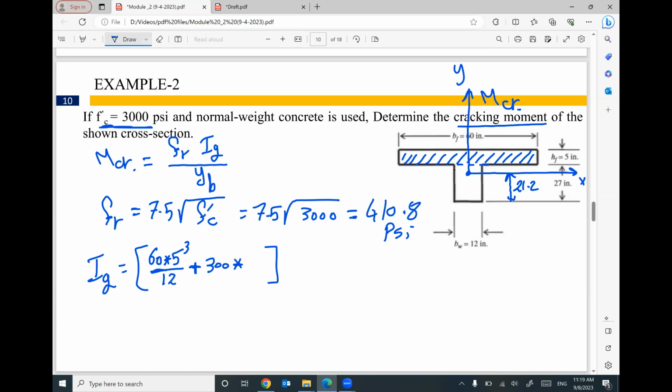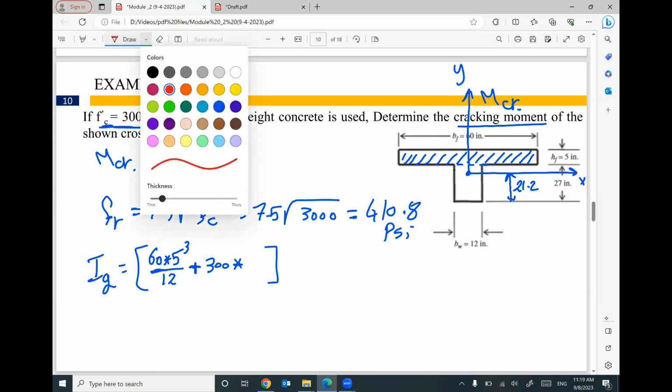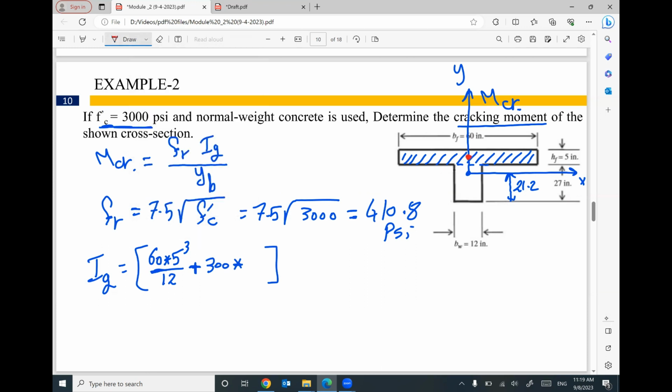What is the vertical distance between the centroid of this part and your x-axis? Anybody can tell me what the y distance is here? Any help? I'm calculating it now. 8.3 squared. If you don't agree with me, let me know.